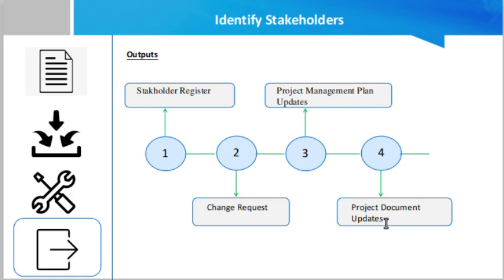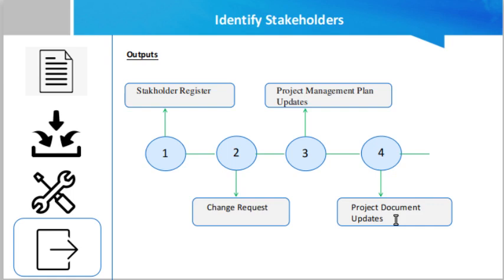And the last one is project document updates. Project document updates means, for example, changes in the scope document, changes in the stakeholder register, changes in functional specification, etc. So any change can occur in the project documents after completion of the identify stakeholders process.